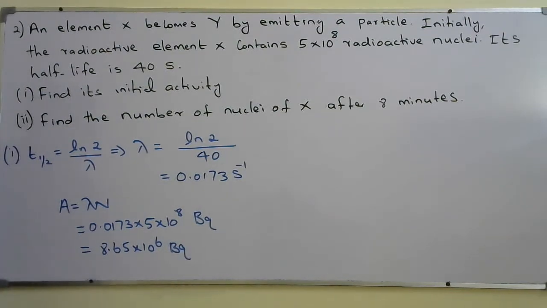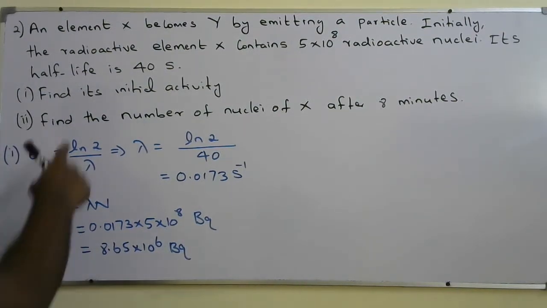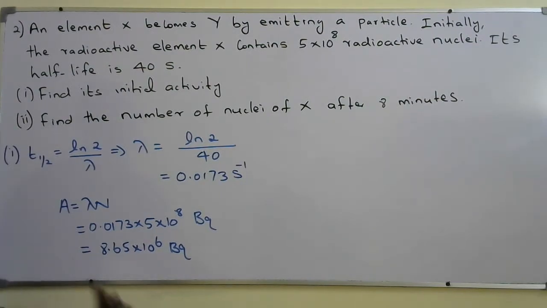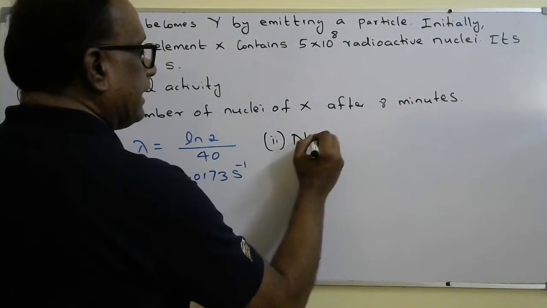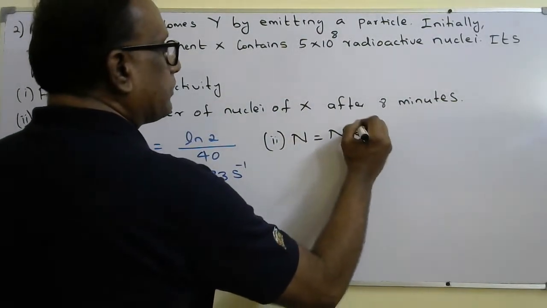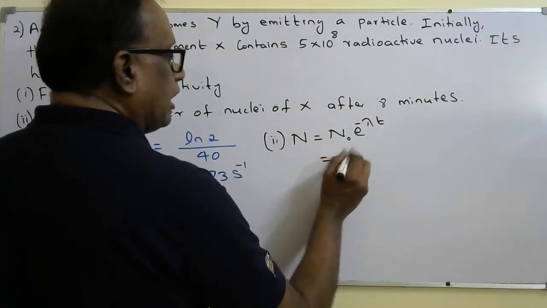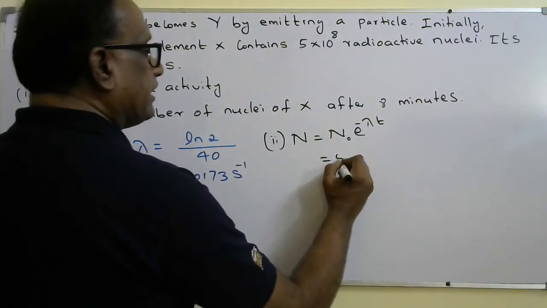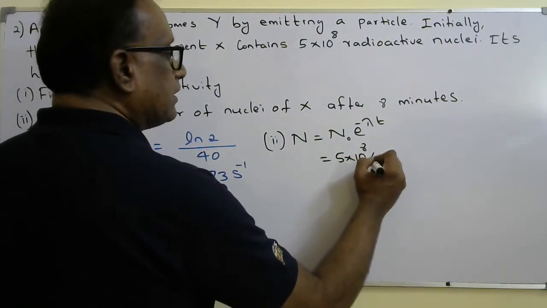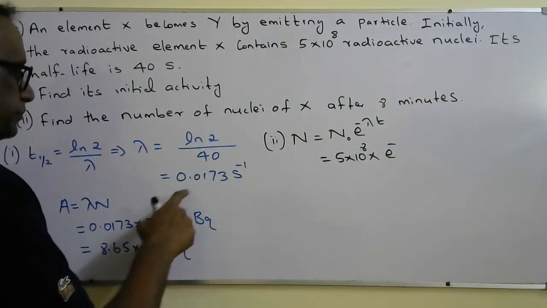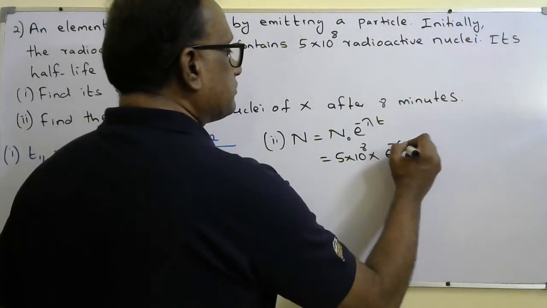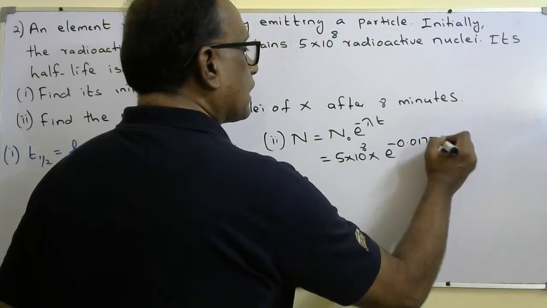Okay, second part: find the number of nuclei of X after 8 minutes. So I can use the equation N equal N naught e to the power minus lambda t. We know the initial number of nuclei, 5 into 10 to the power 8, e to the power minus lambda, which we found as 0.0173, times time.